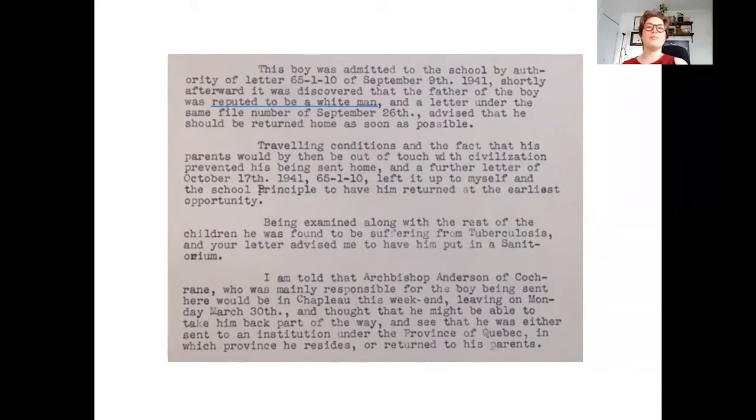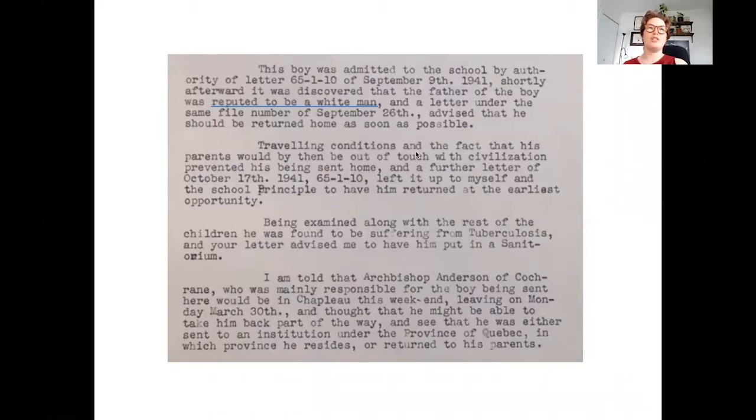So this boy was admitted to the school by authority of letter 65-110 of September 9th, 1941. Shortly afterward, it was discovered that the father of the boy was reputed to be a white man, and a letter under the same file number of September 26th advised that he should be returned home as soon as possible.